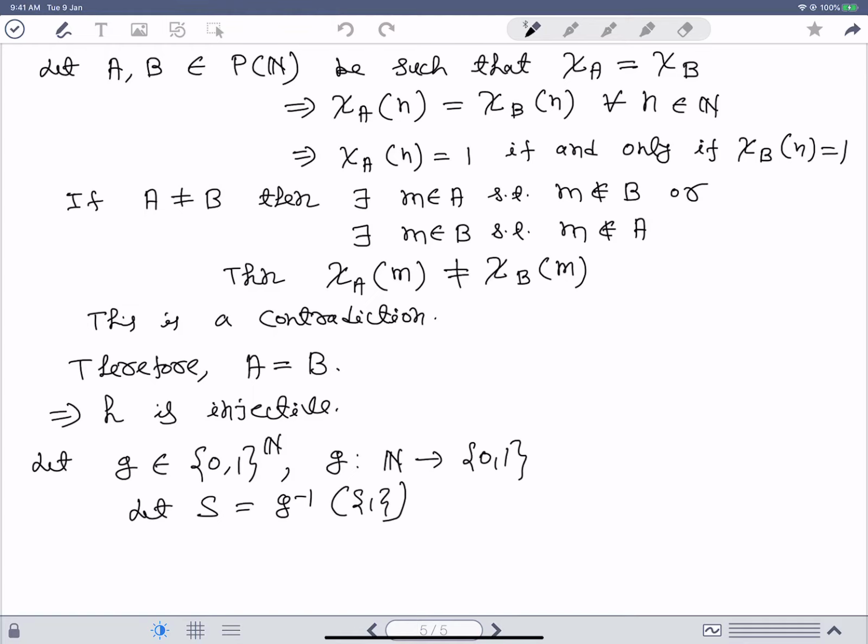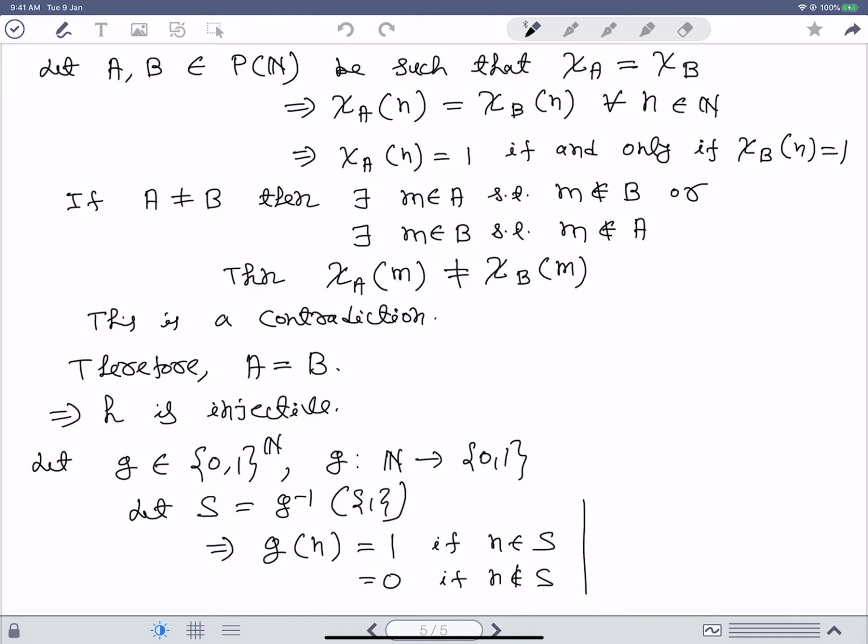Okay. Now that implies g of n will be 1 if n belongs to S and equal to 0 if n does not belong to S, right?